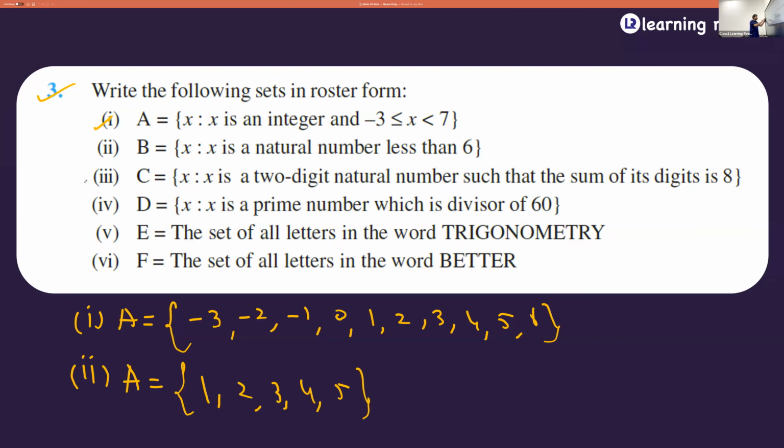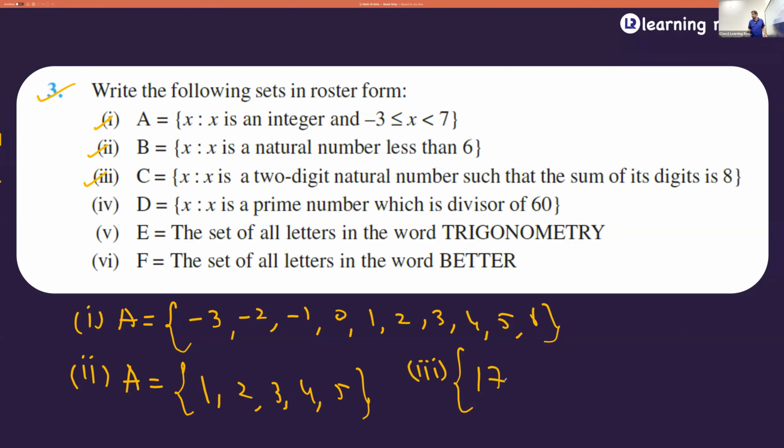C is equal to x such that x is a 2-digit natural number such that the sum of the digits is 8. So what is the first 2-digit number you can think of? 17.